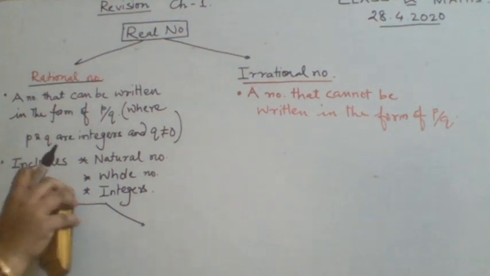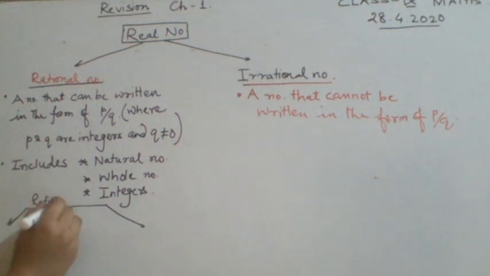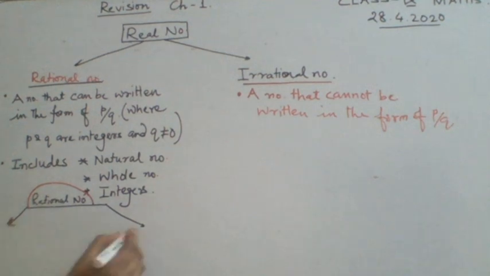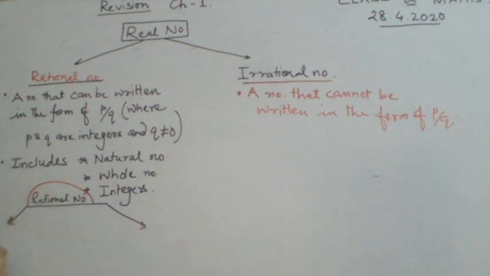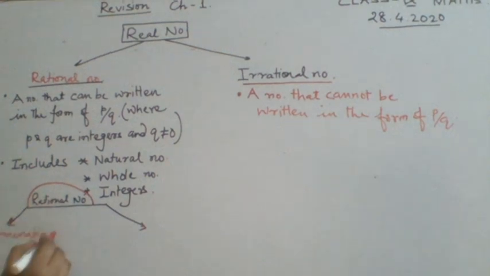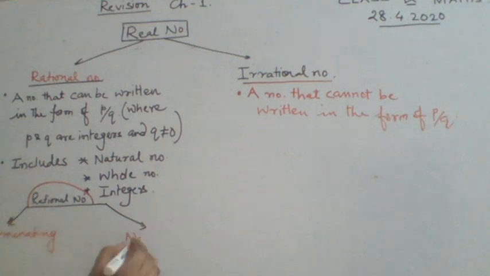We are talking about the decimal representation of rational numbers. They are of two different types: terminating, and another one is non-terminating.